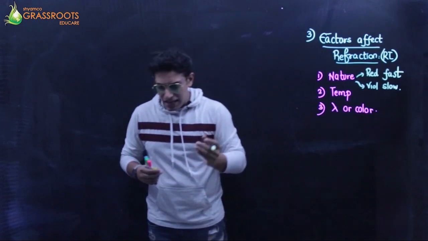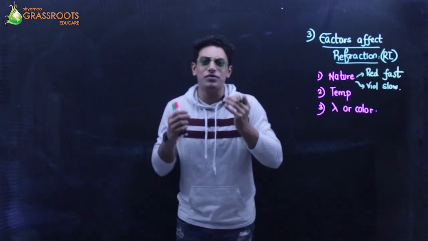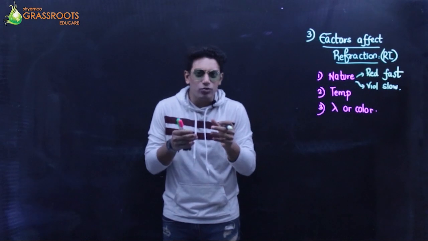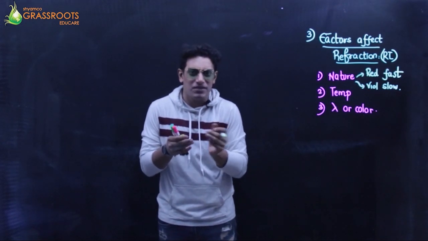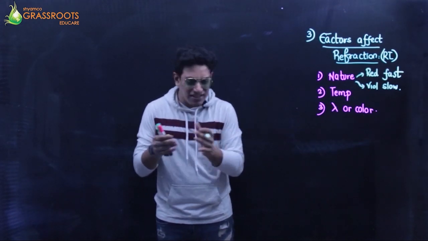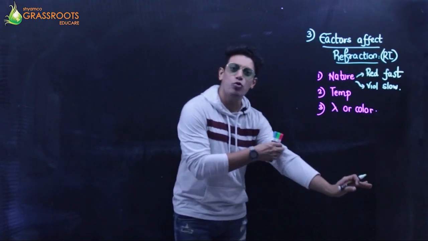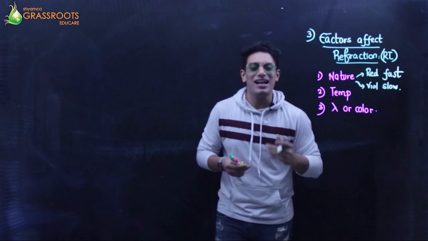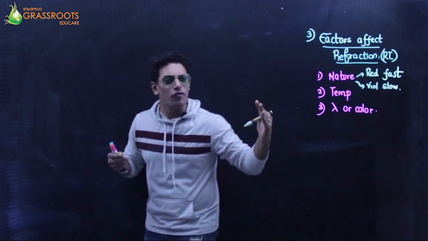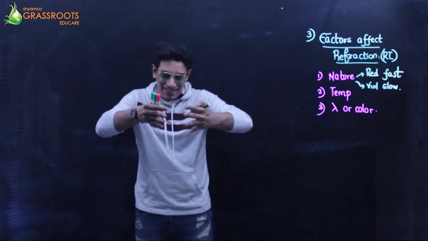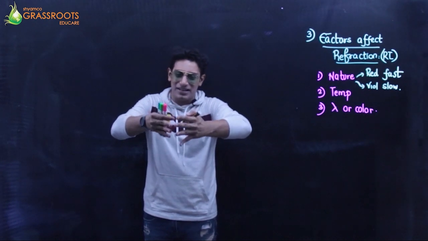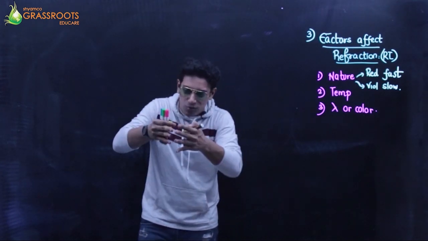Temperature. If the temperature increases, the molecules, the particles of that medium, are in agitation. They start moving. They start running. As a result, the path for the speed of light has increased. The path has widened.